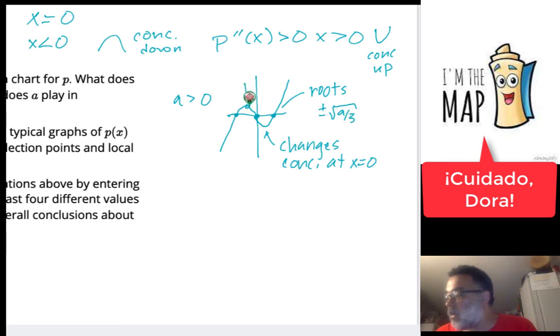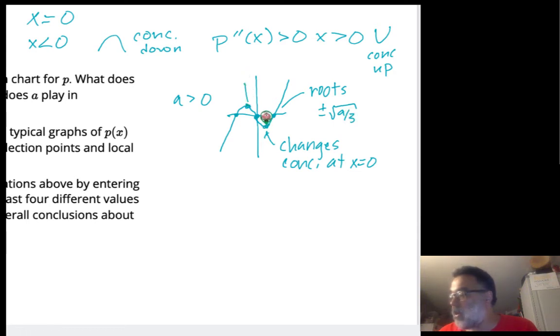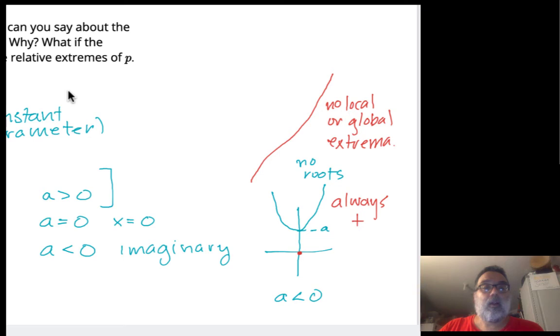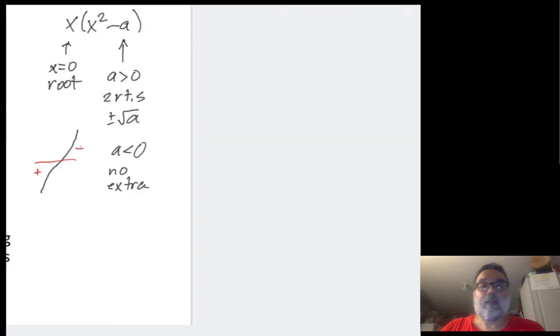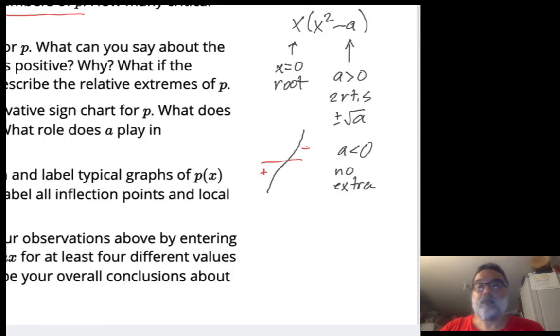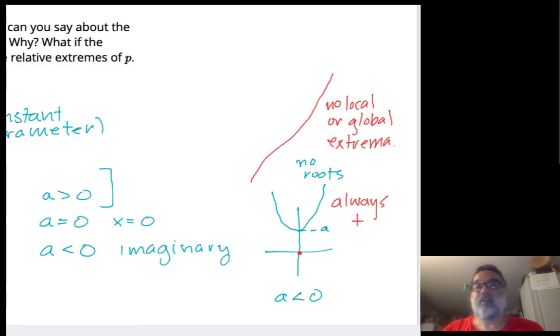And then I want to be able to label these critical points. And if I look back, oh, those were the critical points I labeled. What were the roots? Plus or minus square root of a. Pays to have all your work on one page.